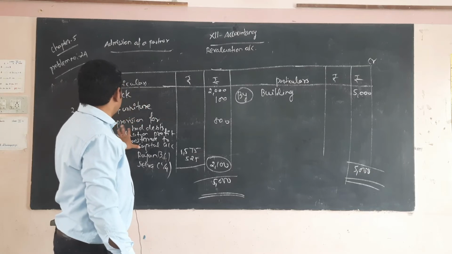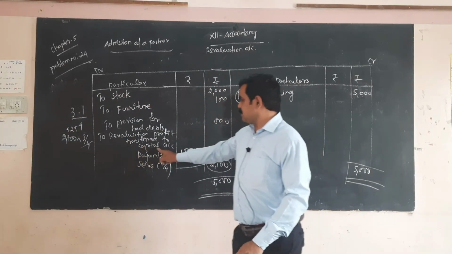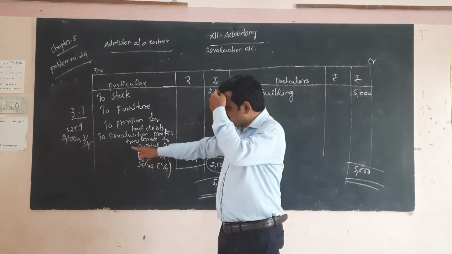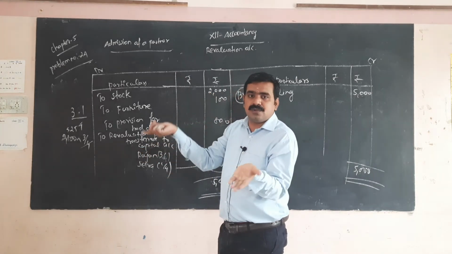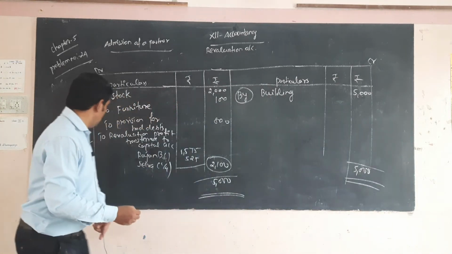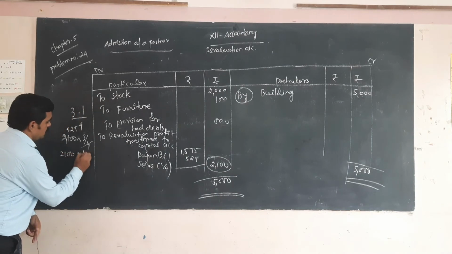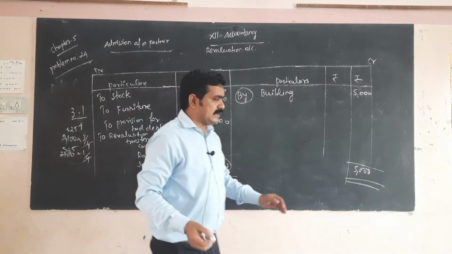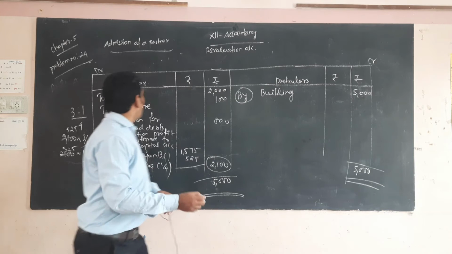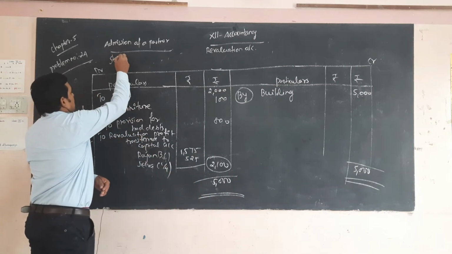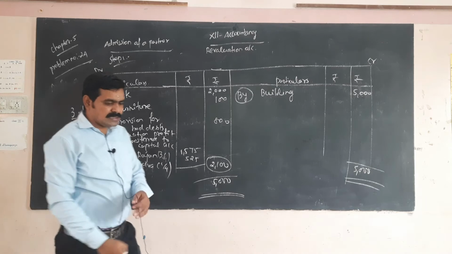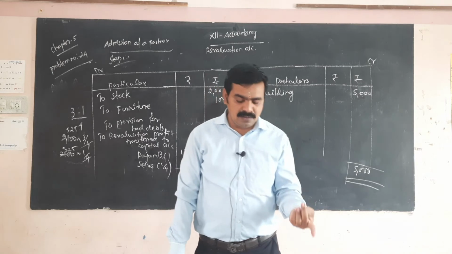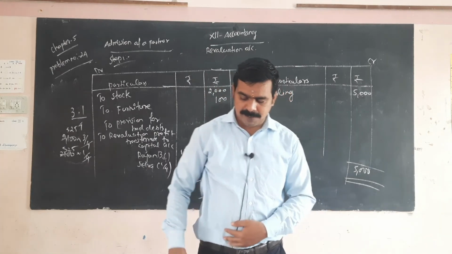Then to stock, furniture, provision for bad debts. Then the revaluation profit transferred to capital account in the ratio 3:1, totally 4: 2,100 into 3/4 and 2,100 into 1/4, that is 525. Got it? This is step 1. This problem has 3 steps: one is revaluation account, second is capital account, third is balance sheet.